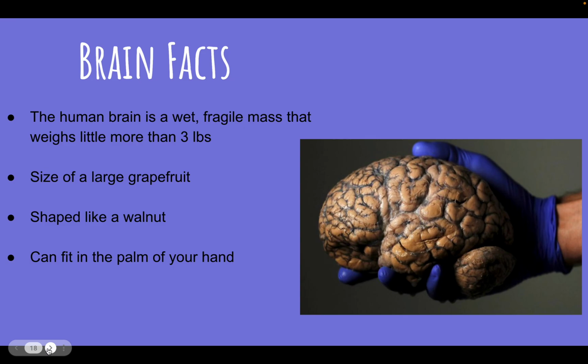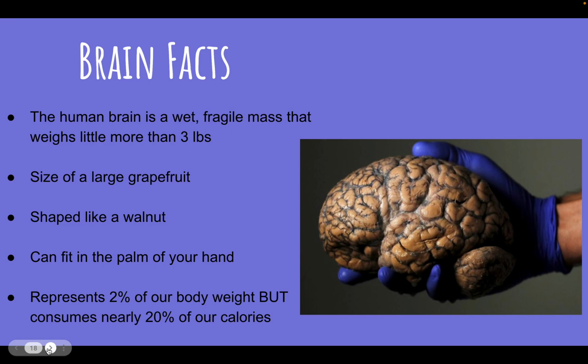So it's amazing for how small it is, how incredibly important it is to our lives, and how many functions it's responsible for, how many trillions of connections that it makes. No pun intended, but it's mind-blowing.